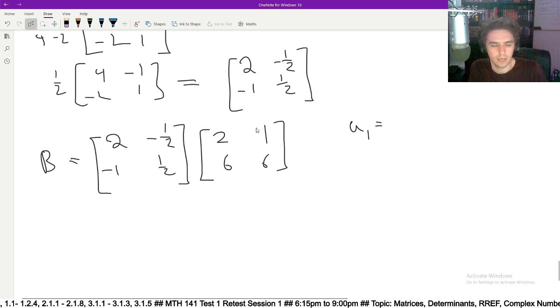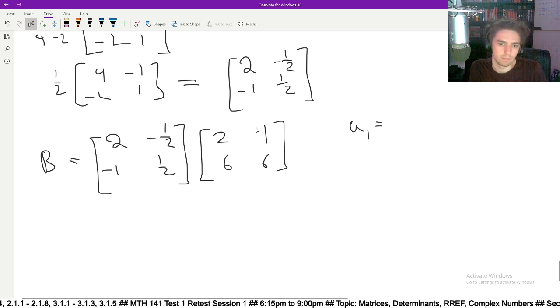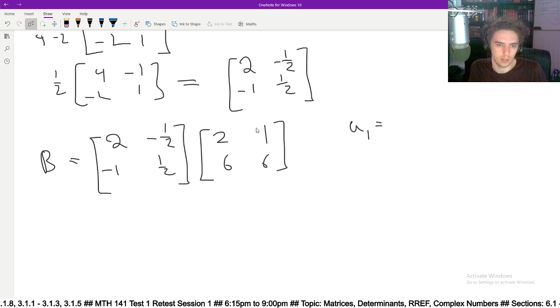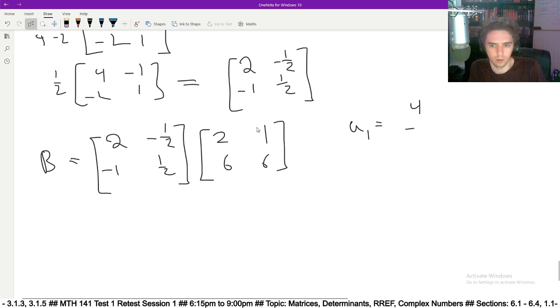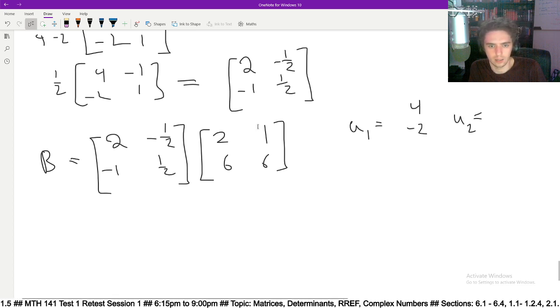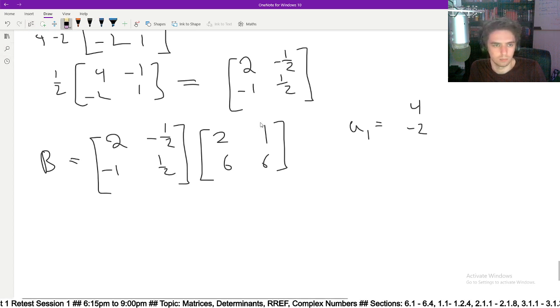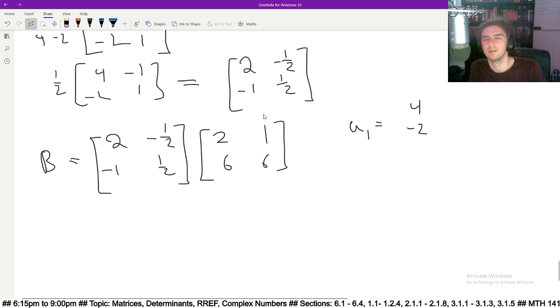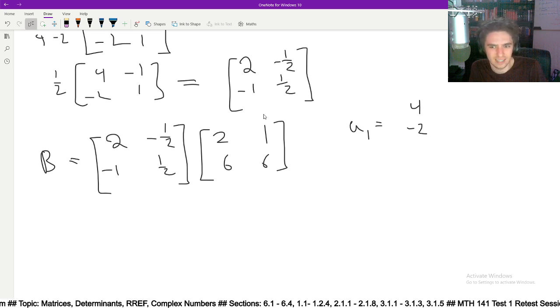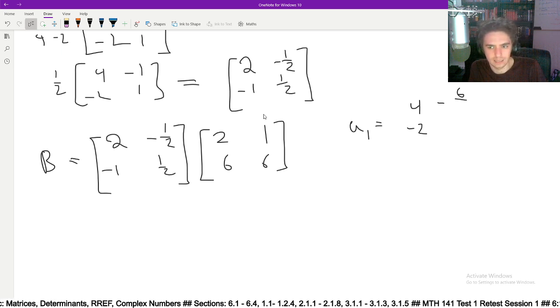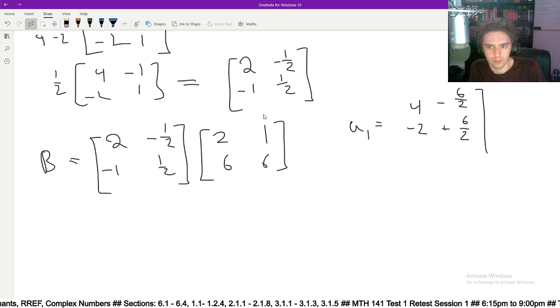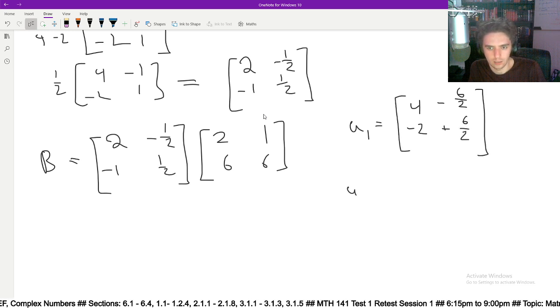The first column is going to be 2 times the first column, so 4, minus 2, plus 6 times the second, trying to remember how to do this. So minus 6 over 2, plus 6 over 2. So that's our first column of the answer.